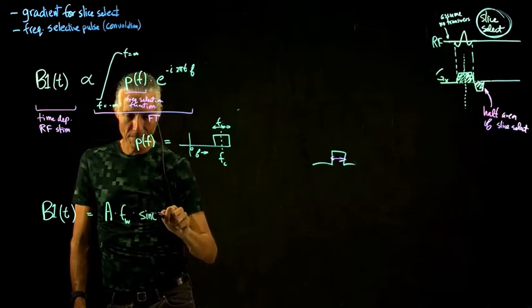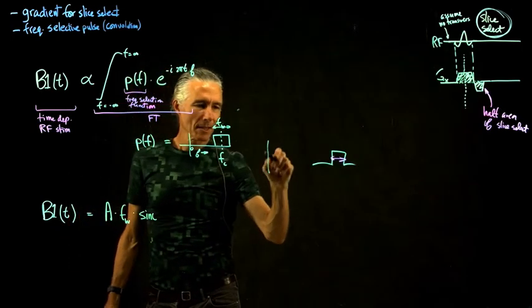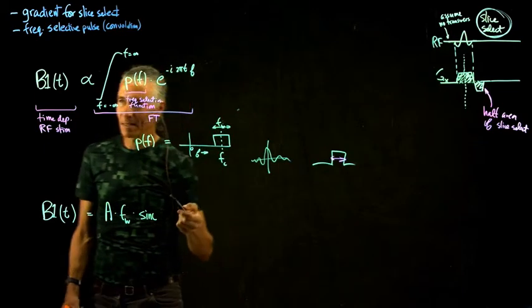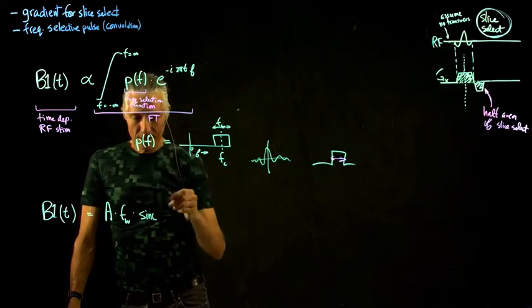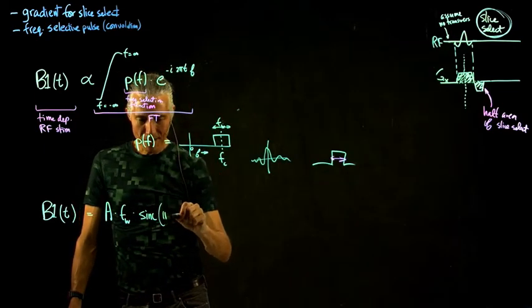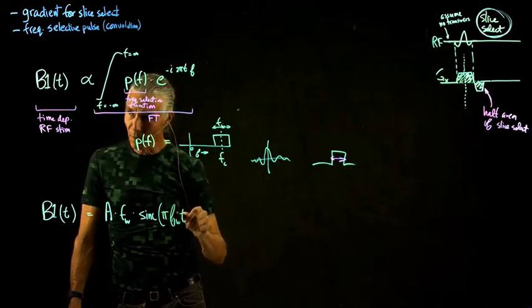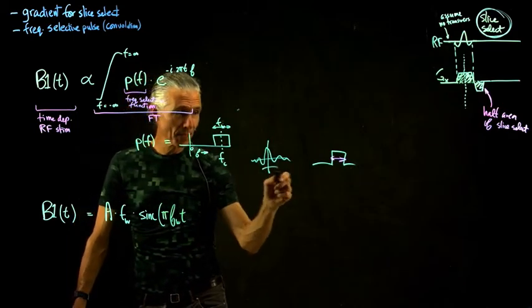That was that function that looks like this, sine x divided by x. So the sinc function, there's a pi in there. The frequency width is in there again. The particular time point is in there, because remember, this is time.